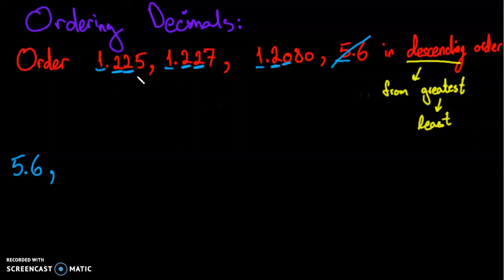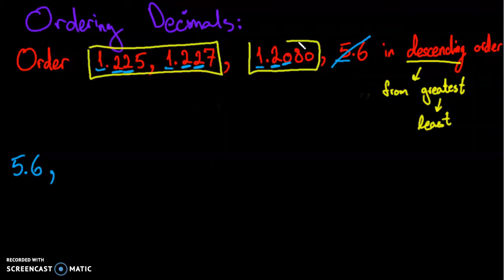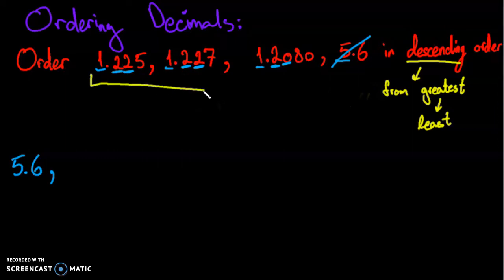Okay, so these two numbers are bigger than this number. Why? Because here we have a 2 and here we have a 0. 2 is bigger than 0. So now we need to check which number is bigger, this number or this number. So we go on. After the 2 we get a 5 and a 7. What's bigger, 5 or 7? 7.